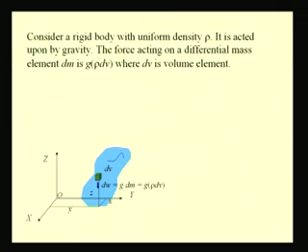If we consider a differential mass element of this body, say this small cube that you see over here, the mass of this element is rho dV, if dV is the volume of the element, and the weight is gravity times the differential mass, which is equal to g times rho dV.